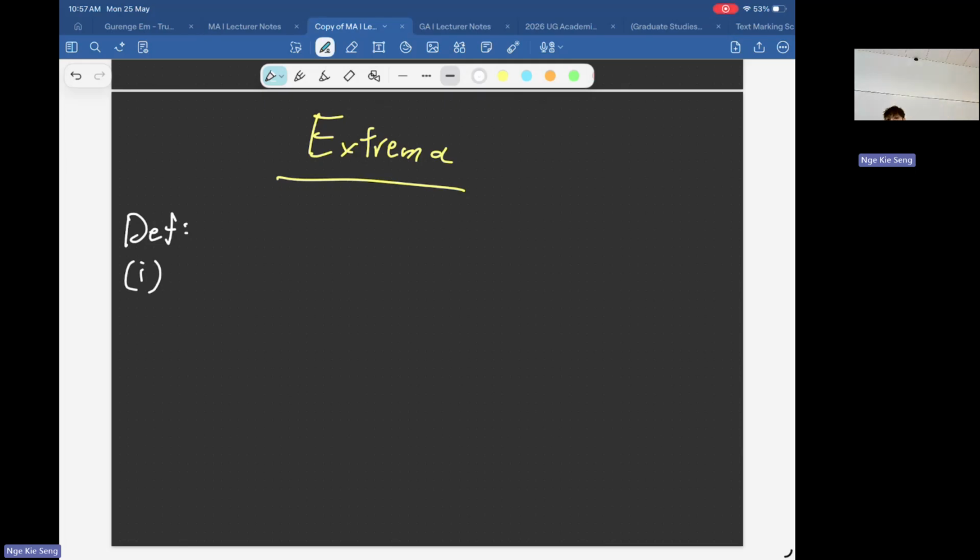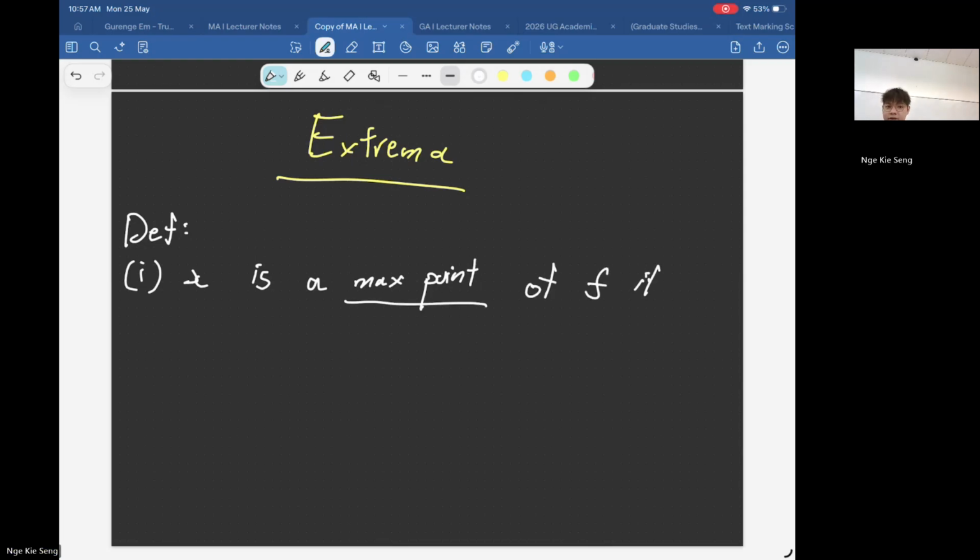So there are two kinds of things. One thing is the absolute maximum. You are the highest of all, no one is greater than you. So this is the absolute max if f x is greater than or equal to f y. When we say x is the maximum point of f, this x lives inside the domain of f.